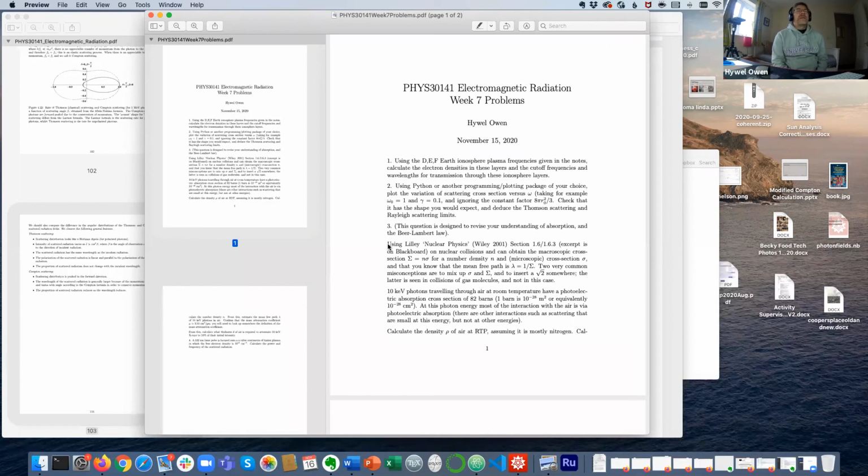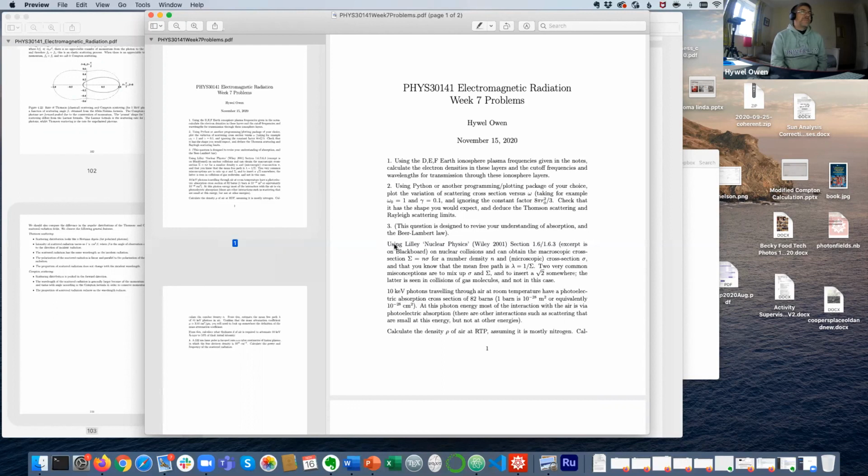Now, this is meant to show that what we were talking about is the rate of scattering from a single electron. And of course, very often we talk about scattering from large numbers of electrons in things like plasmas or gases. So to help us understand that, I'd like you to work through question 3, which is to look at the scattering of 10 keV photons going through air.